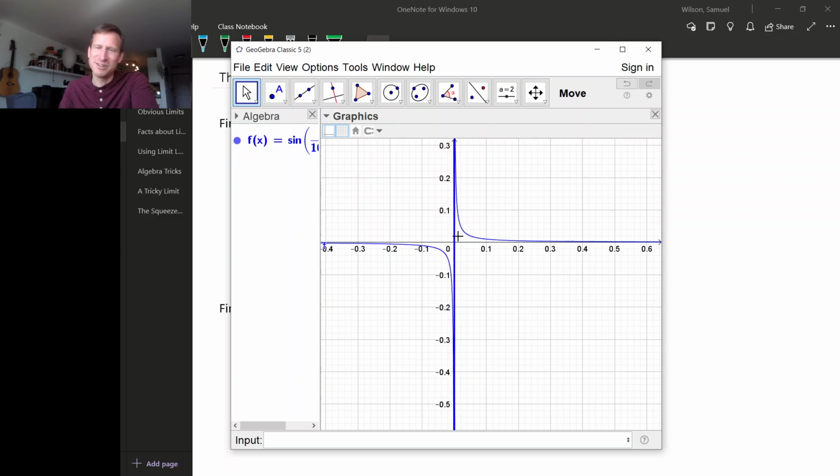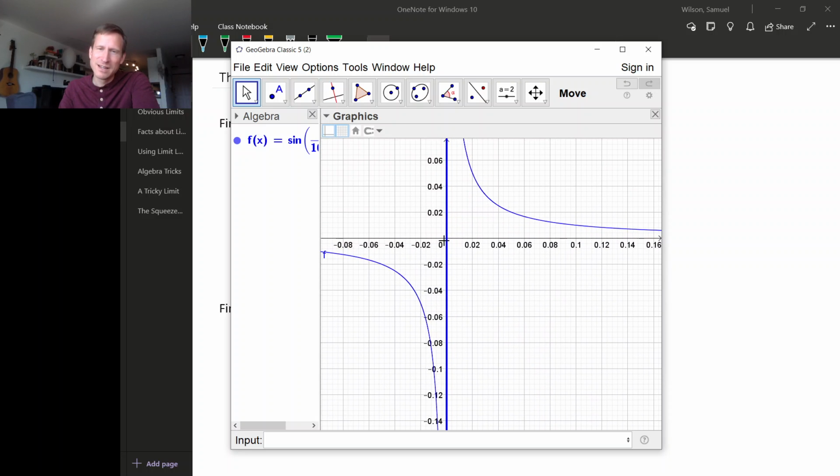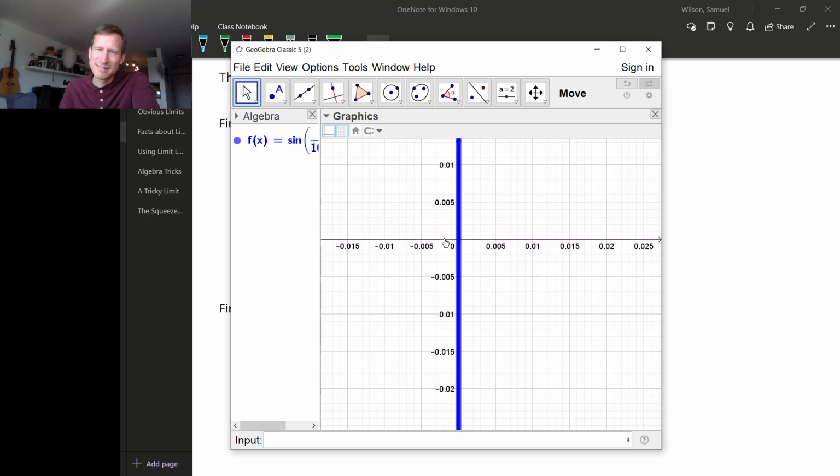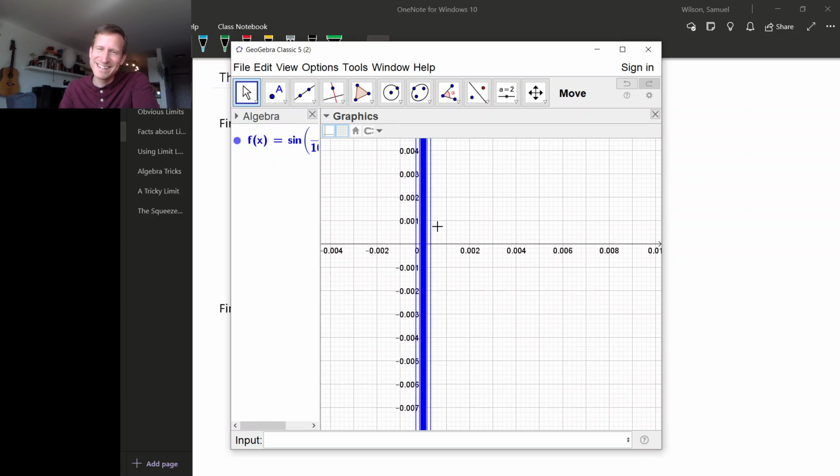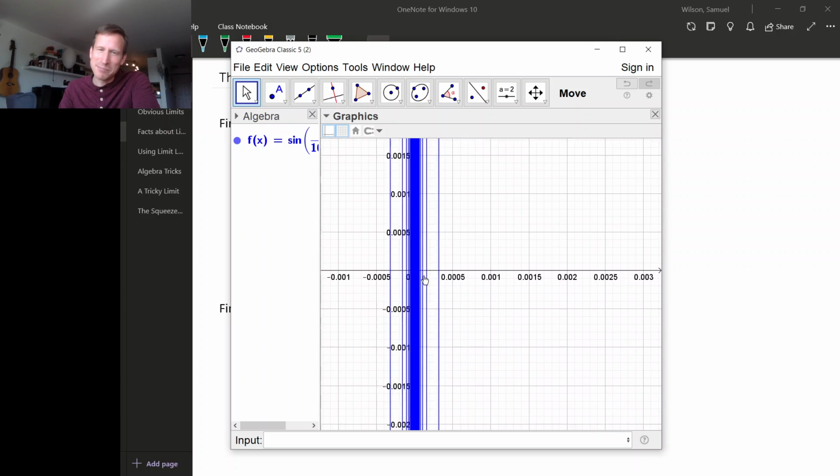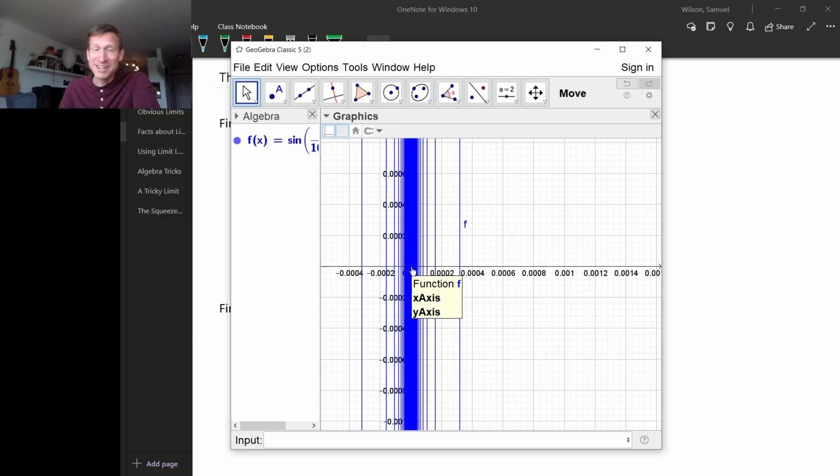So, I don't know, let's zoom in further. If we zoom in further, you can see that something weird is happening. What's going on here is that as x gets very, very close to 0, this function starts to just go up and down extremely quickly. And in fact, the closer you get to 0, the faster it goes up and down.